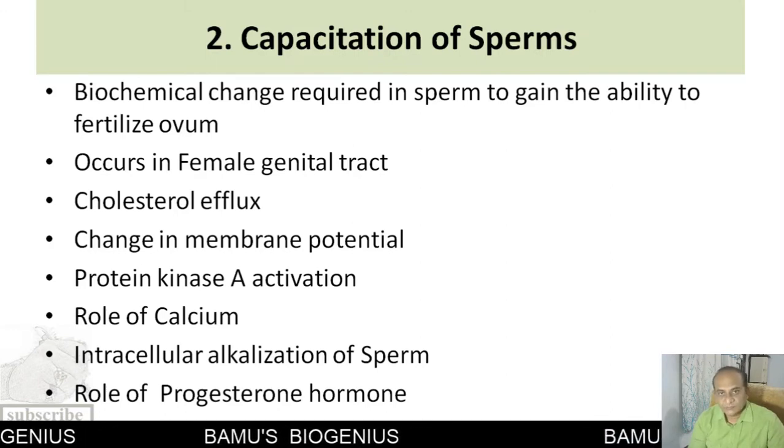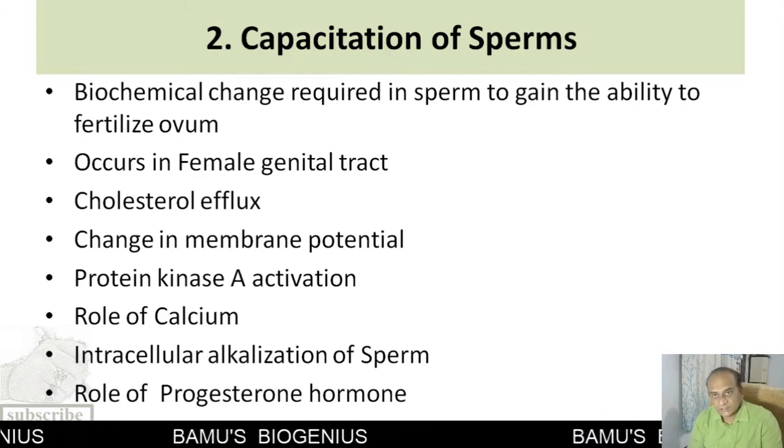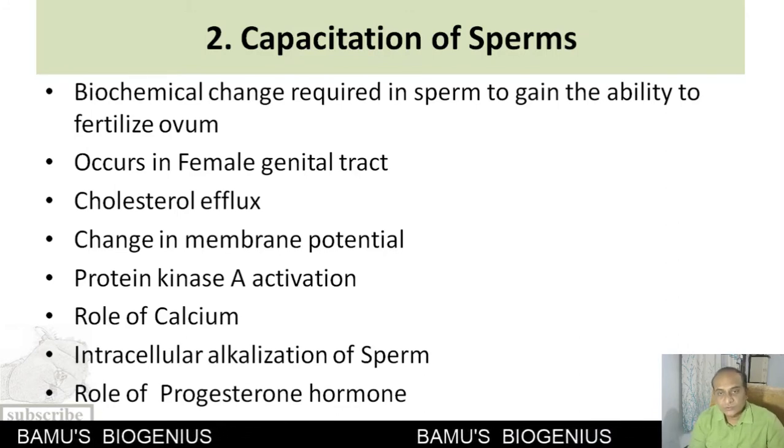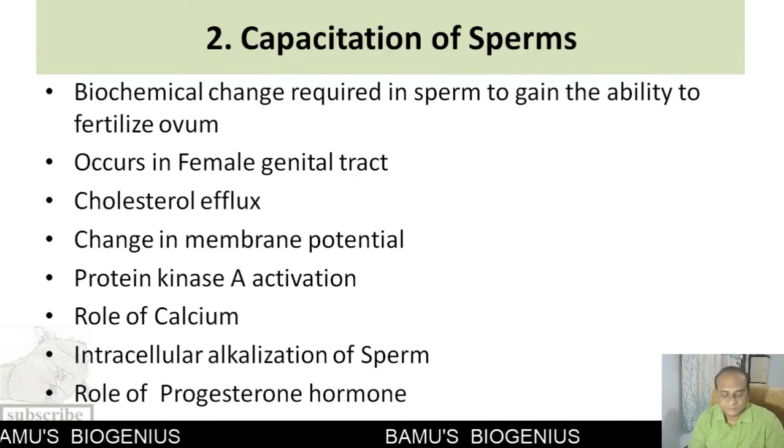It has been found that even if we extract sperm from the epididymis and place it on the ovum, still these sperms will not be able to fertilize the ovum.